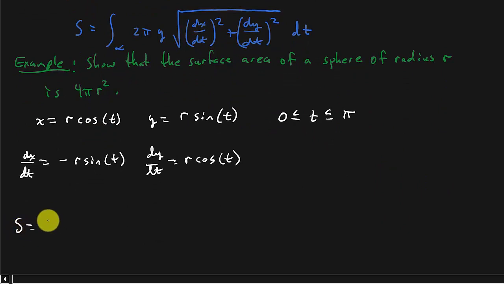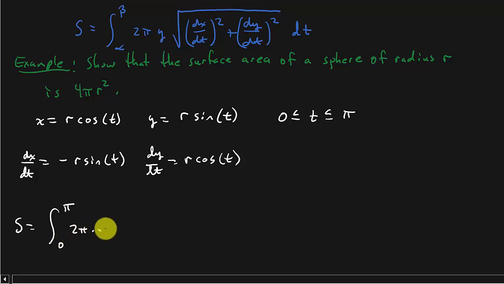So s is equal to the integral from 0 to pi, we're just doing a semicircle, of 2 pi times y.